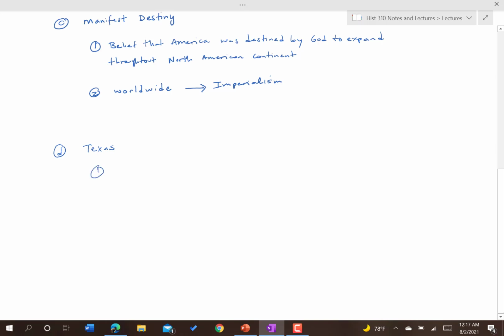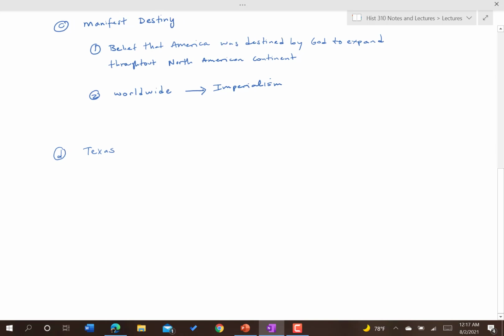The first, of course, is settlement. Texas was originally under Spanish control, and then when the Mexican government gained independence and control from Spanish rule, they owned Texas.